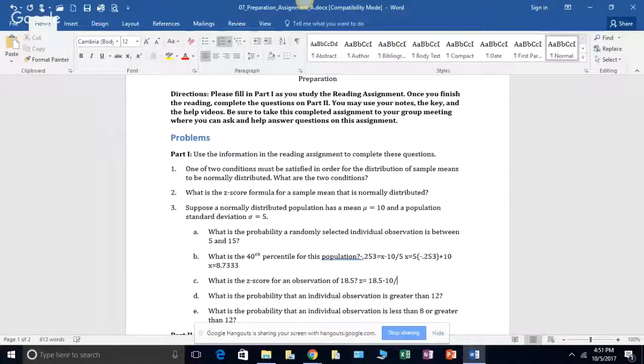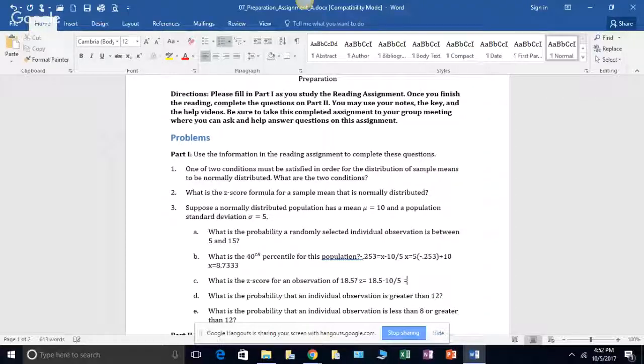So now the formula for this one is z equals 18.5 minus 10 divided by 5, and that would come out to 1.7. Yep, it was 1.7. There you go.